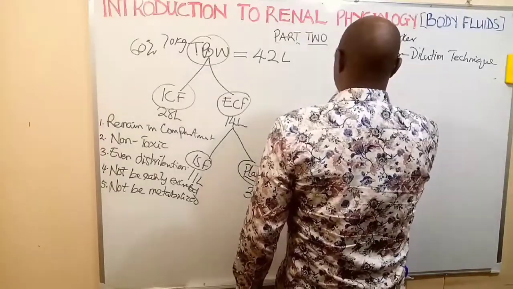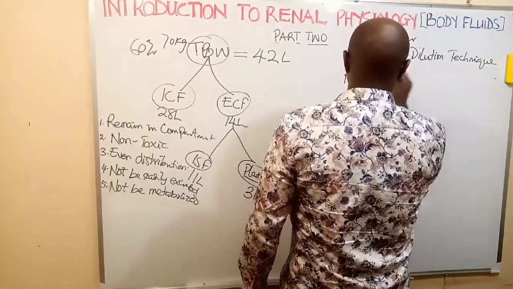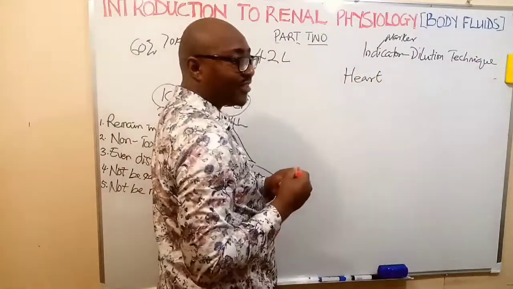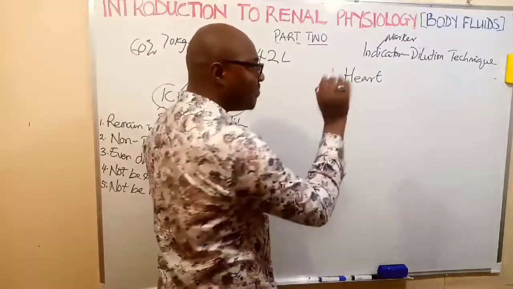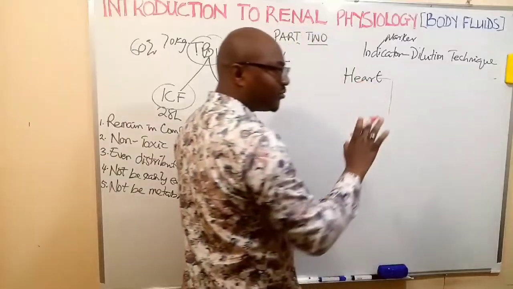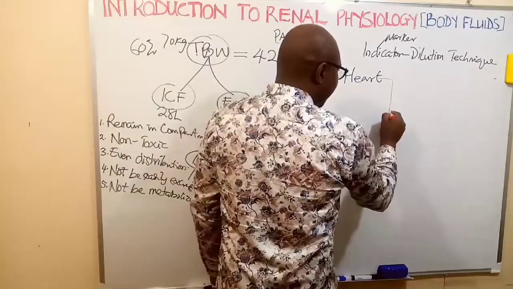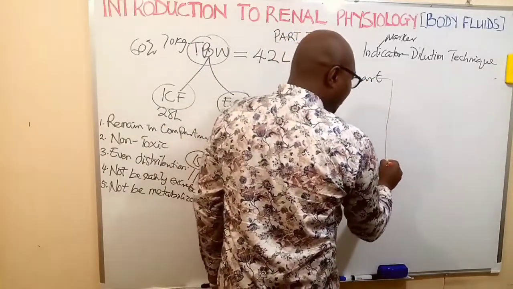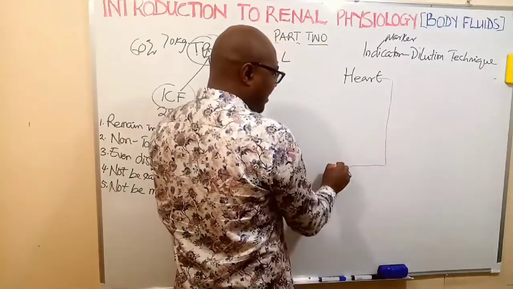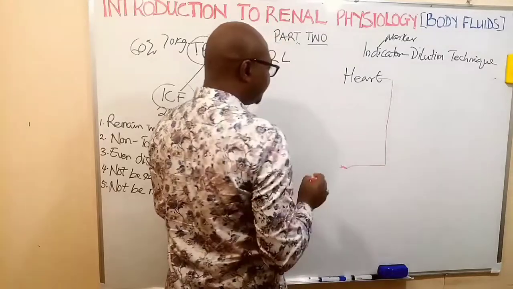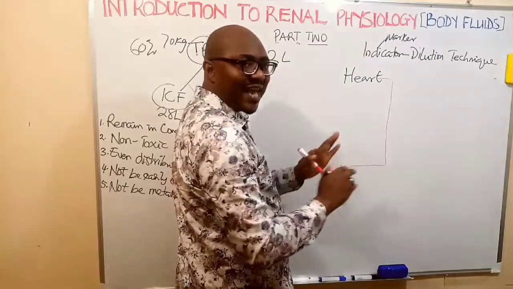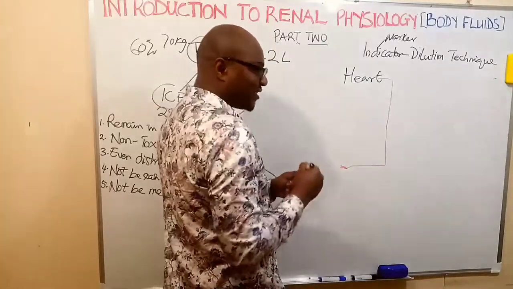For example, this is the heart. Okay? Then from the heart, you have arteries. So let's use a red biro to indicate arteries. Okay? The heart gives out arteries, big arteries, and as it goes down, becomes smaller and smaller and smaller till it gets to the capillaries. Okay? So the capillaries are now involved in exchange within the cells and tissues.